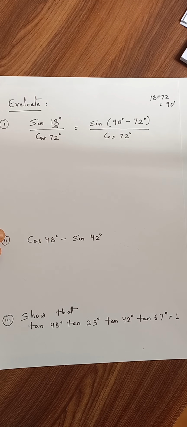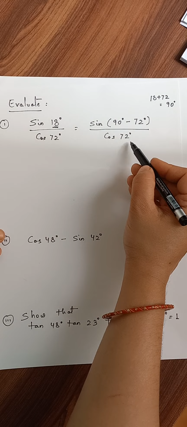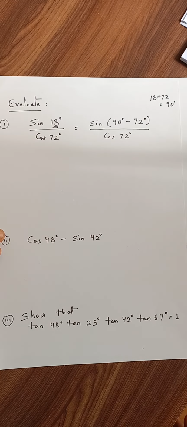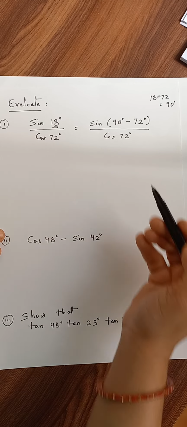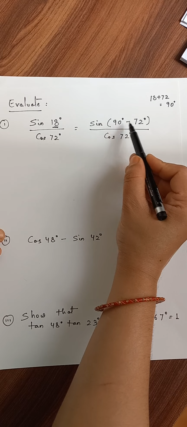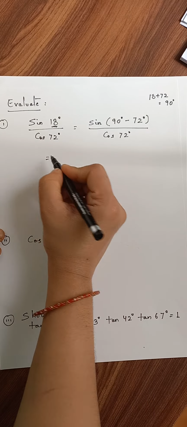Again, I'm telling you that only one of them, at the numerator or denominator, you have to change the angle format, because if both are changed, then again you will get the answer in the same fashion. You can't solve it. So I'm changing the numerator angle in this format. Now apply the formula.